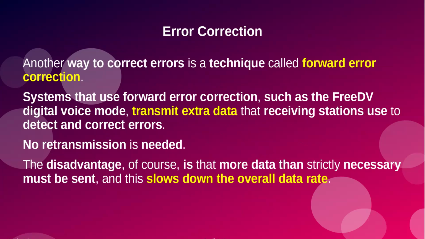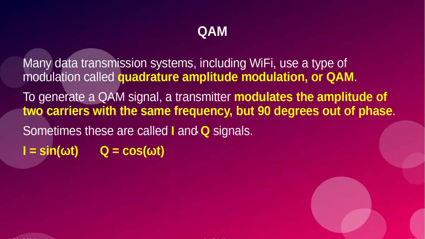Or other extra bits to help do error correction, like sending Hamming codes along with it, so you can correct for at least single bit errors. You don't have to retransmit, but the downside is you have to send more bits in the message to do that. Okay.